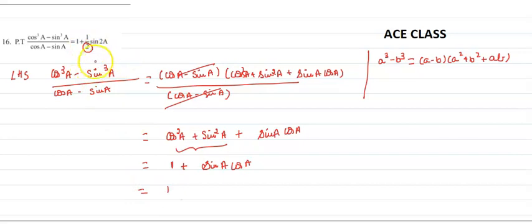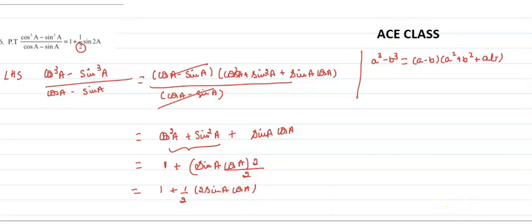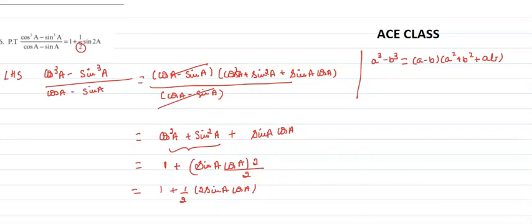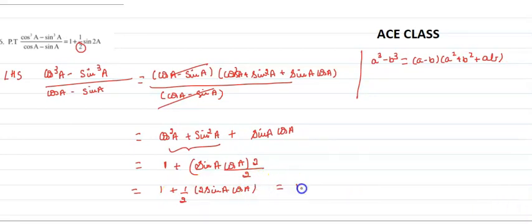Since I don't have anything in the denominator here, I'm multiplying this by 2 as well as dividing it by 2. So this is 1 by 2 into 2 sin A cos A. I can write this as 1 plus 1 by 2 into 2 sin A cos A, which is nothing but sin 2A. So which is your RHS. Hope you understood.